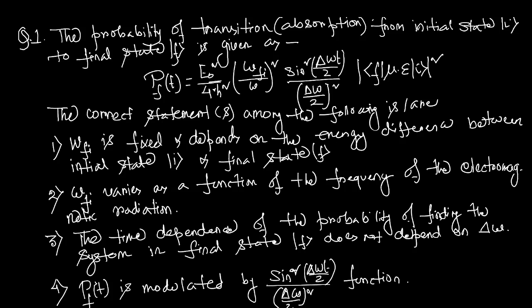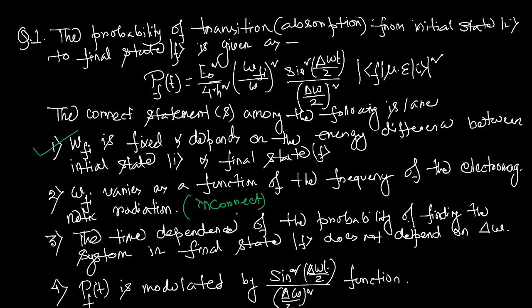As delta E FI is fixed, therefore omega FI is also fixed and depends on the energy gap between two states. Omega FI is not a function of the frequency of the electromagnetic radiation, so I mentioned earlier that this is an incorrect option.